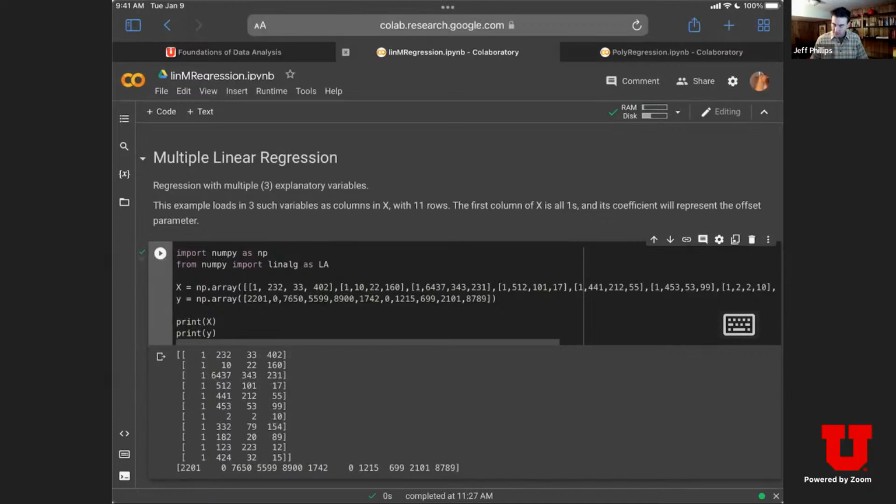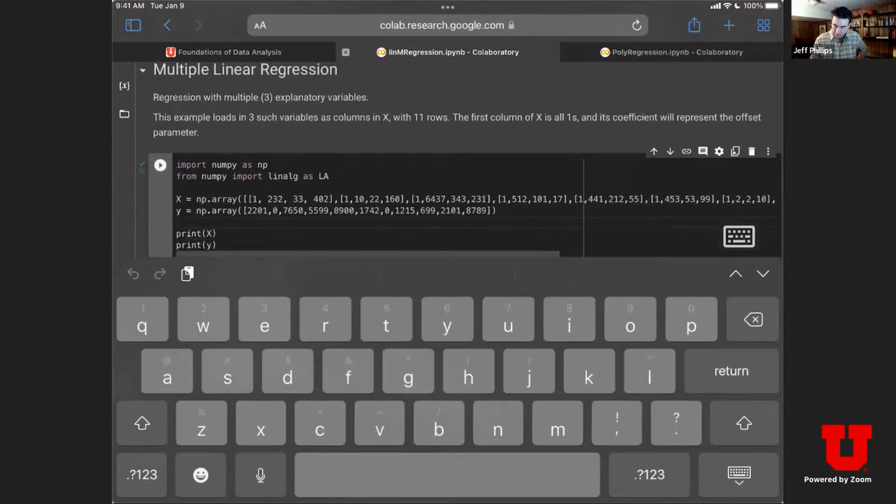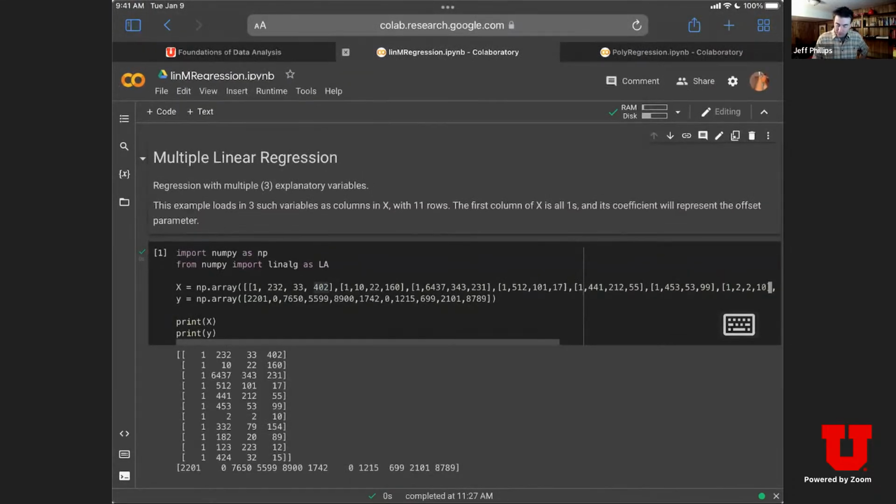Then I wrote down x as the input. I described this as a matrix. The first row is 1, 232, 33, 402, and I printed it down below. You can see that's the first row, and I added the ones in here. So this becomes a 10 by 4 matrix.